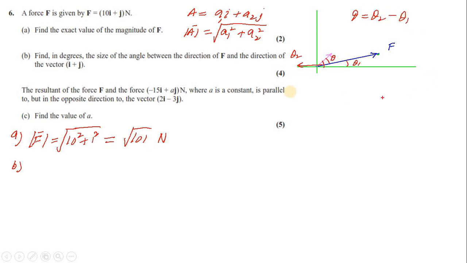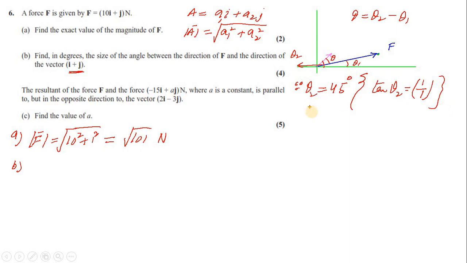That's what I'm doing. Now since we have the vector i plus j, 1 unit, theta 2 must be 45 degrees. I'm just giving the reason here because tangent theta 2 would be equal to opposite over adjacent. Opposite is 1, adjacent is 1, so tangent inverse of 1 will be 45. So that's why theta 2 is equal to 45.